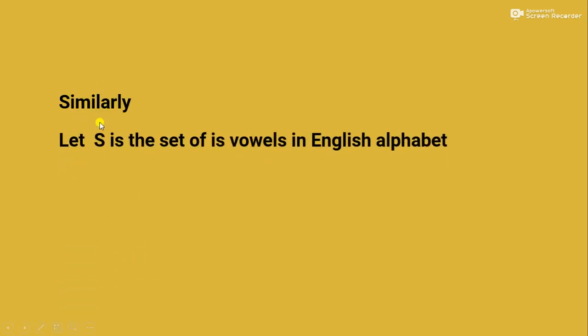Similarly, let S be the set of vowels in the English alphabet. The list of vowels is A, E, I, O, U, so the cardinality of this set S is 1, 2, 3, 4, 5. The total number of elements in S is 5, so the cardinality of S is equal to 5.